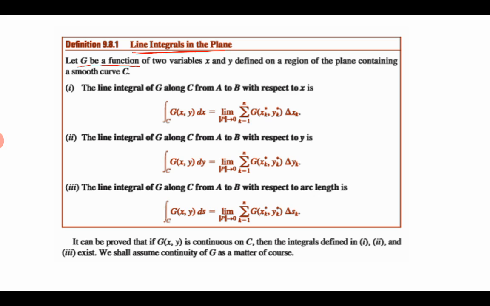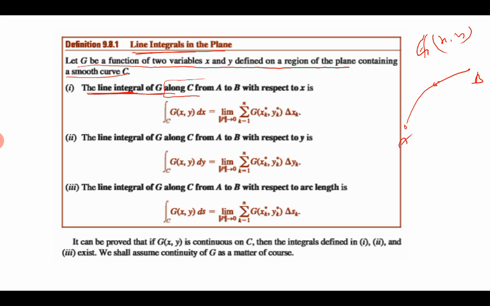Let g be a function of two variables defined in a region containing the smooth curve C. Now what is the definition of the line integral of g? g is a function of x y on the plane, and along C we integrate from A to B. From A to B we are integrating the function g of x comma y along this curve, first with respect to x, second with respect to y, third with respect to s.